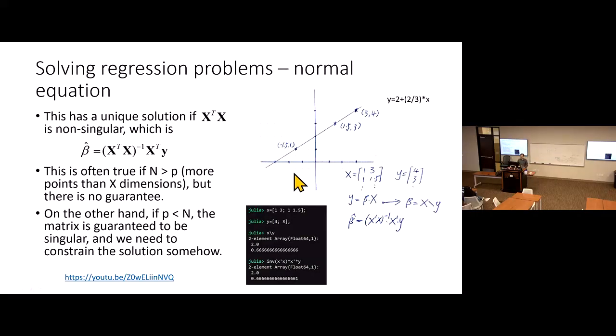So this is a normal equation. We will try using real data points to play with these combinations, okay?